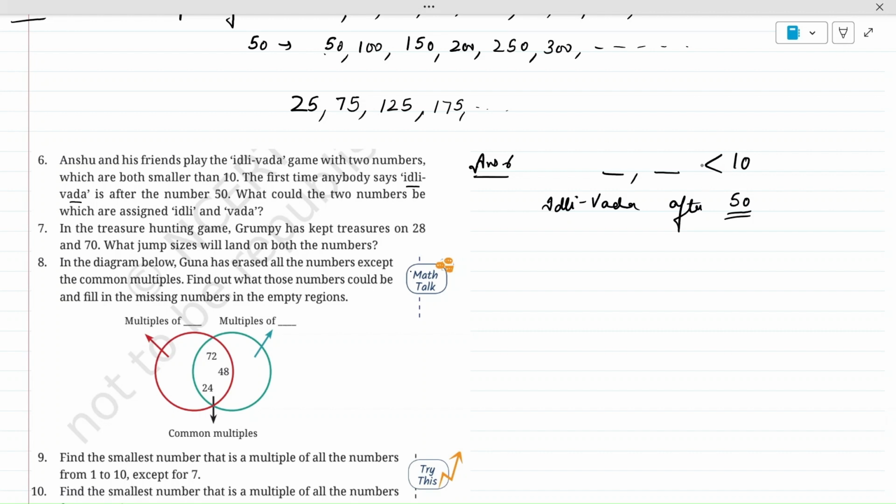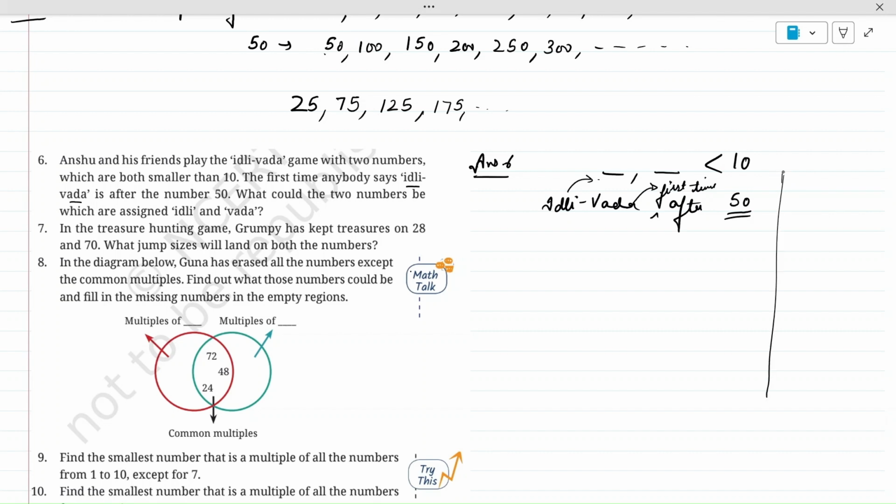So kids, see here. The first condition given to us is both the numbers should be less than 10. Second thing given to us here is that on this number idli would be said, on this number vada would be said, and idli vada would be said first time after 50. Okay, after 50 it would be said. So this is the rough work kids I'm doing here, and you should also think it this way.